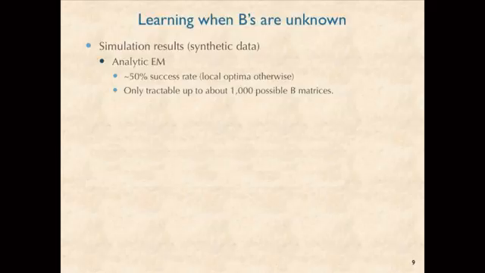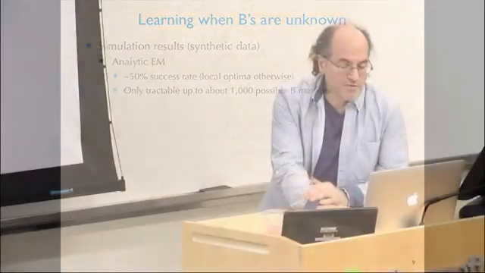Okay, and so the only thing I have more to say about this now is, Don Mathis, who developed this algorithm and the code, tested it on synthetic data, as I mentioned, using 3 different procedures. One is an analytic version of expectation maximization that involves explicitly summing over all the possible B matrices, which obviously is a big restriction.